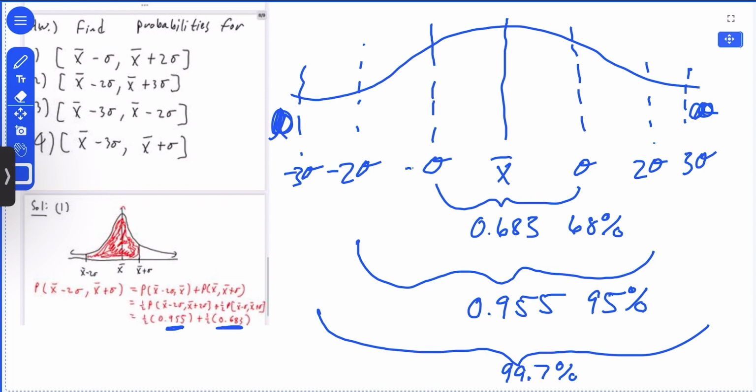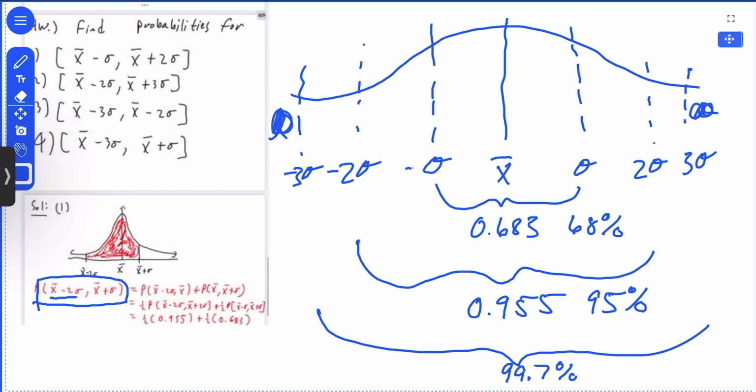There's only going to be about 0.3%. So that's how we're coming up with these values here, or that's where those values come from.